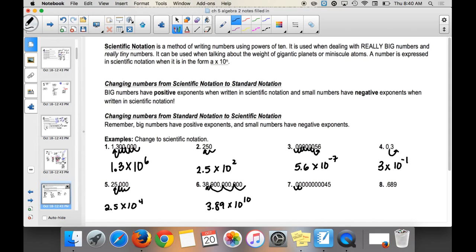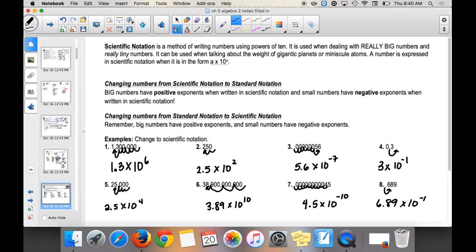I'm going to go 1, 2, 3, 4, 5, 6, 7, 8, 9, 10 places again. But now this is a tiny little decimal, right? So it's going to be 4.5 times 10 to the negative 10. And then the last one is 6.89 times 10 to the negative 1. We move it over just one little space, right? Okay, is that all familiar to you? You've all done this before.